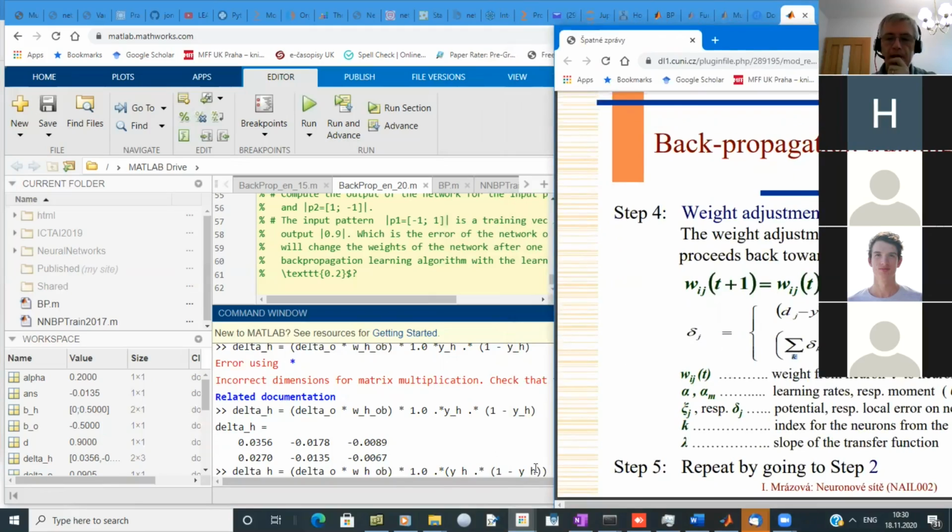Maybe we can just think a little. If we have more neurons in the output layer, delta O will be a row vector or a column vector. You may notice that for each neuron we have one row of the weight matrix. So different neurons have different rows. So delta O will be also better to have as a column vector.